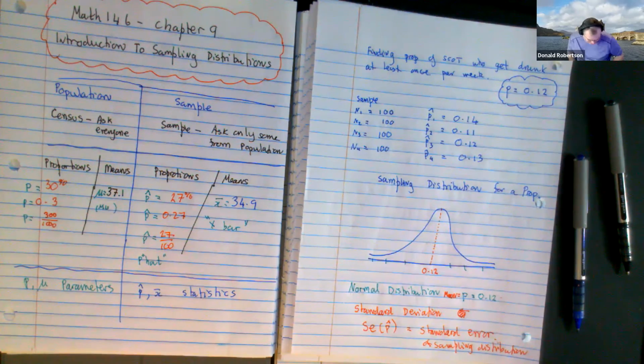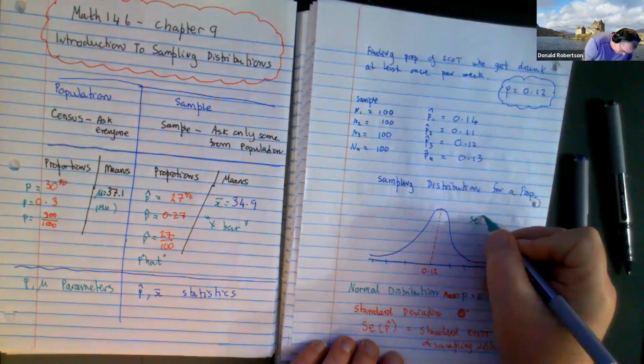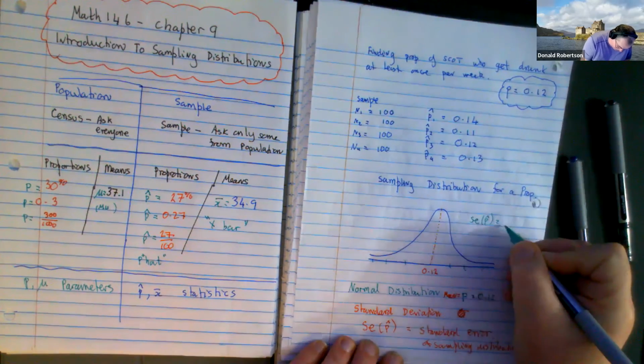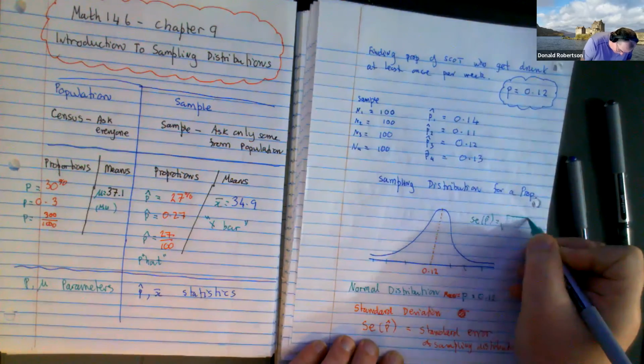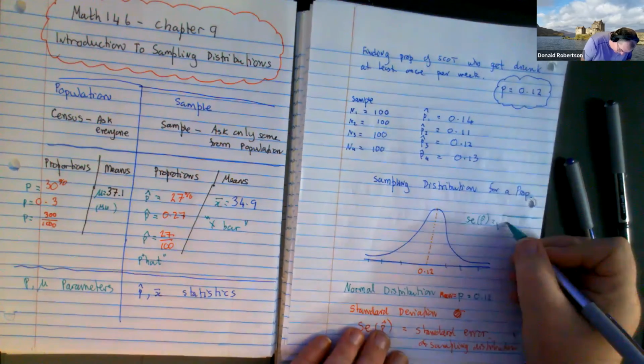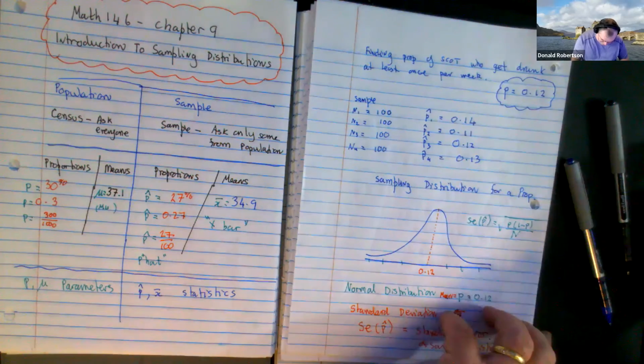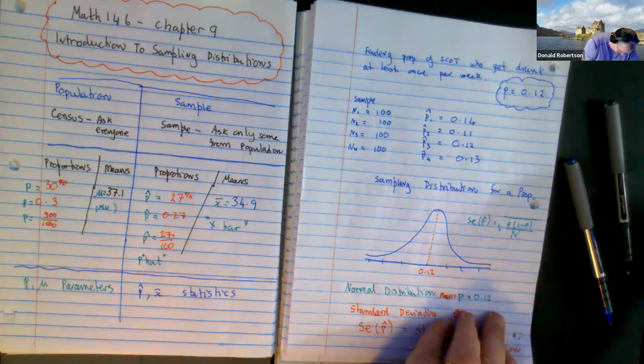And it has a formula. The standard error of the sampling distribution is the square root of p times 1 take away p, over n. So there's a little formula for today.